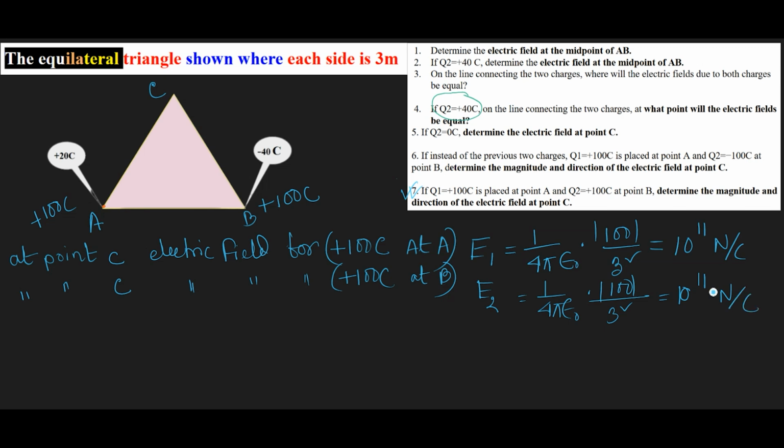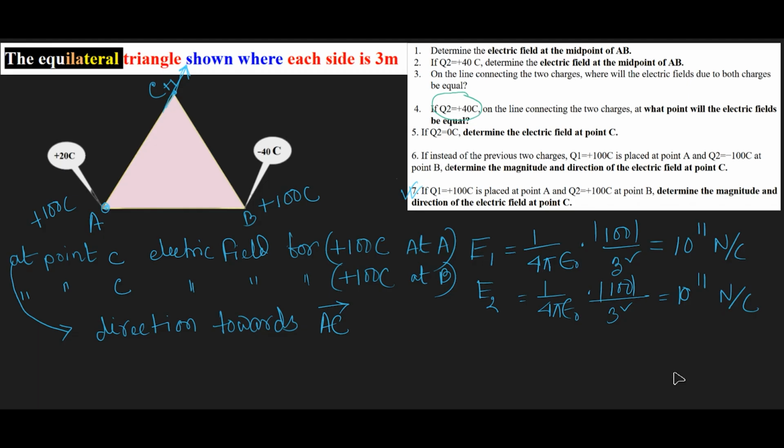Now the direction, right? As this one is positive 100 and this is positive, they repel each other. It means the electric field will be in this direction. So for the first case, direction towards AC.